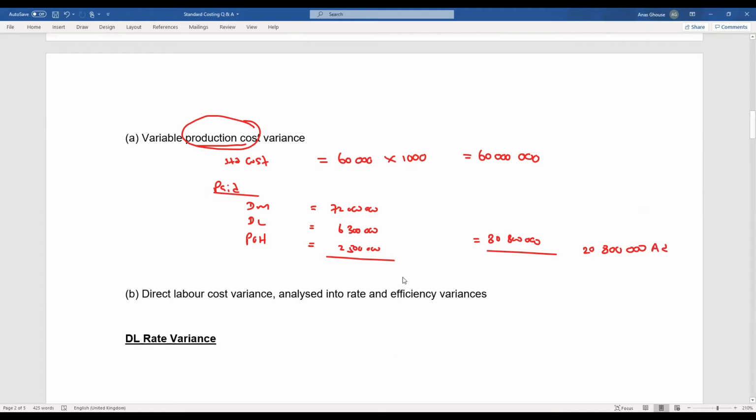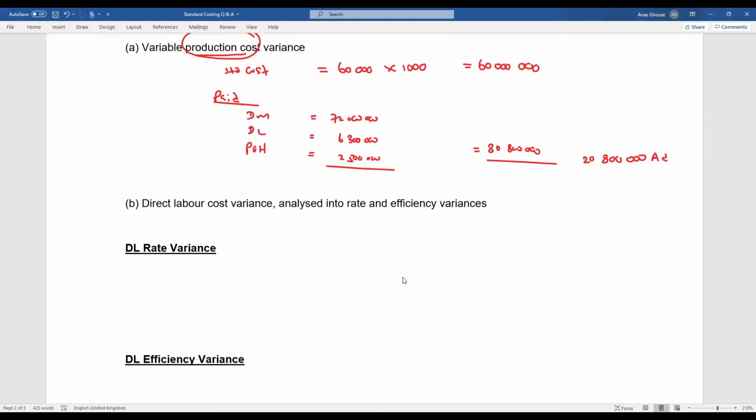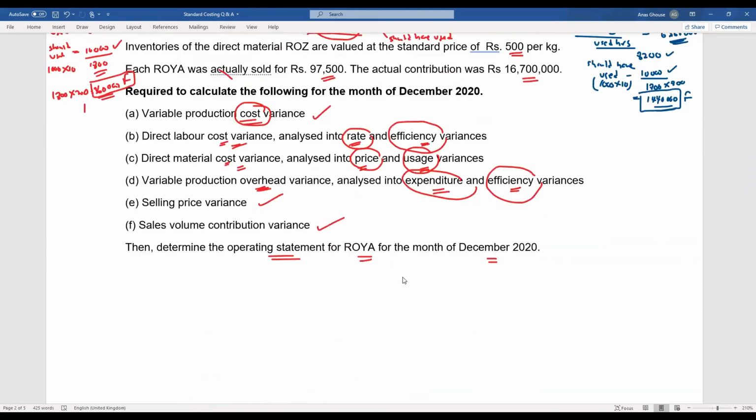Now basically the rate variance and efficiency variance we have already calculated.